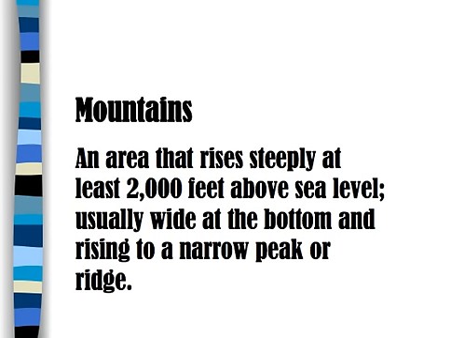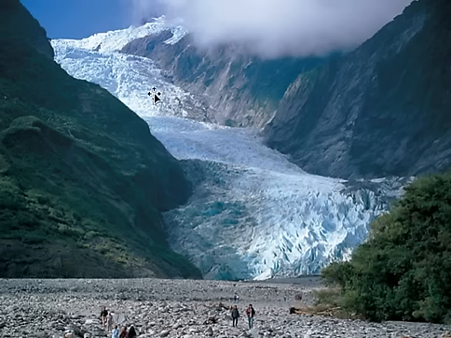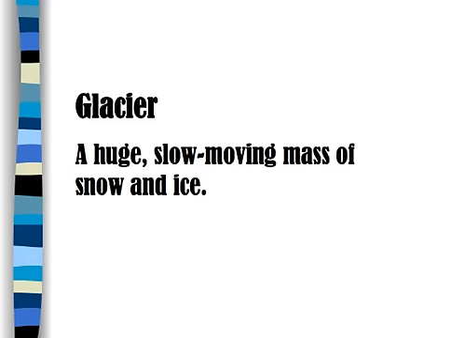Ready to keep going? Do you know what this is? Notice the people below it. And what we're looking for is pretty much what this is. If you guessed a glacier, you're correct.